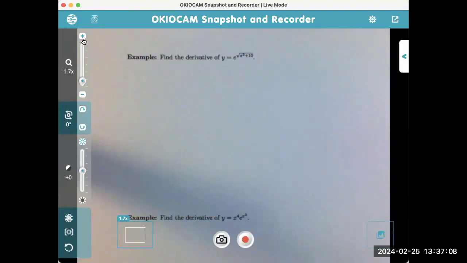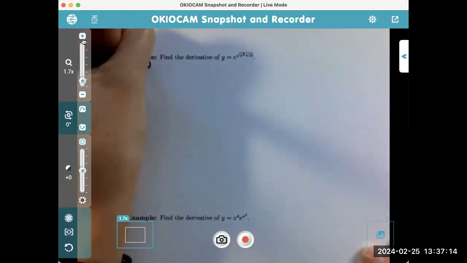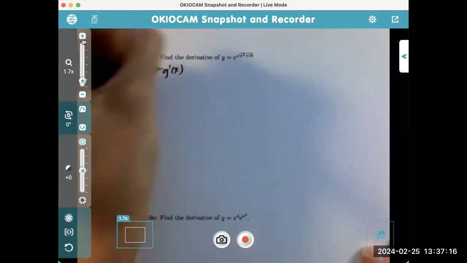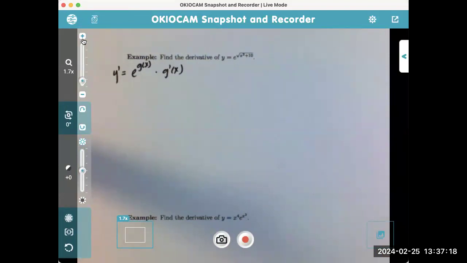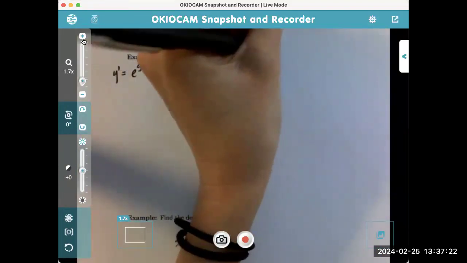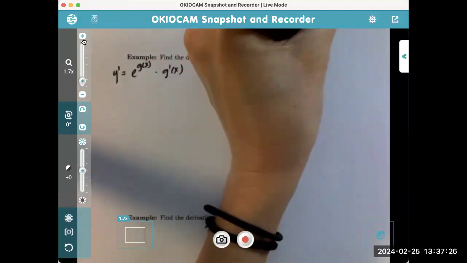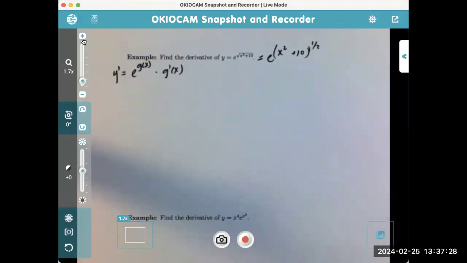Find the derivative. Remember, y prime is going to be copy paste e to the g times the derivative of the power. I highly recommend you rewrite this, remember the square root, as its power of 1/2. It'll help you find your g prime.